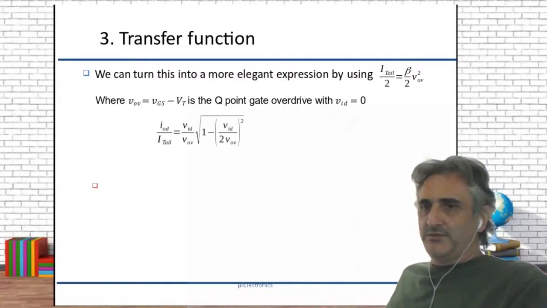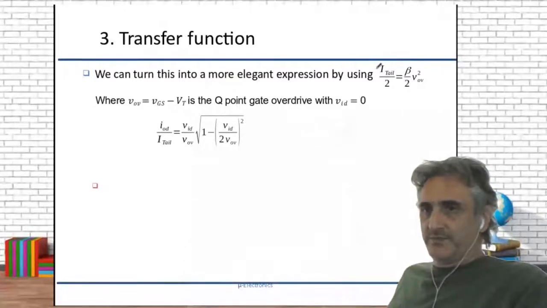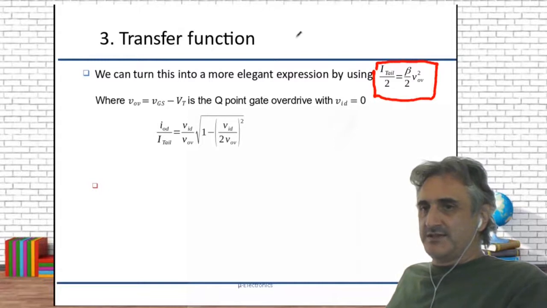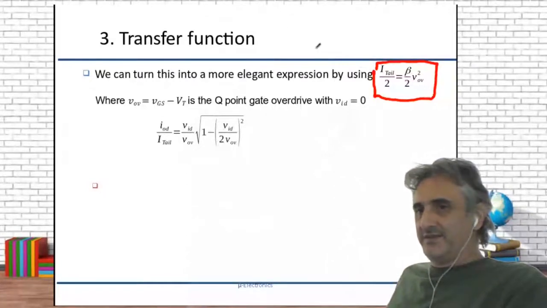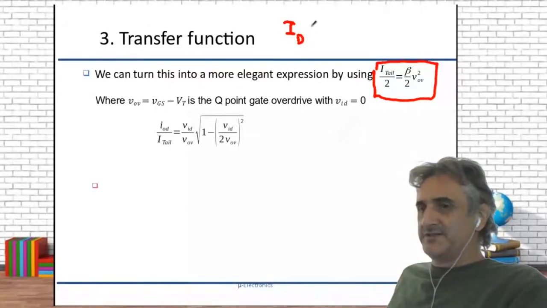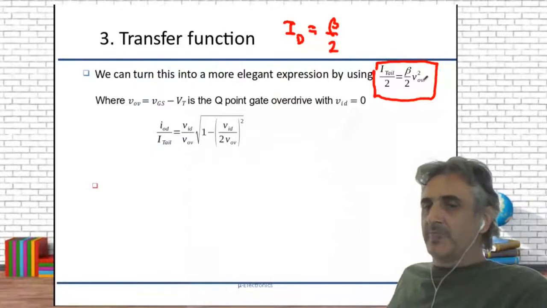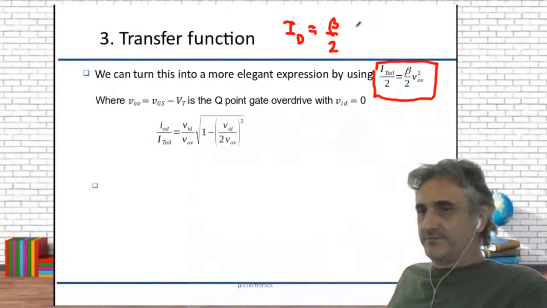Okay, but we define this expression. And this expression is just saying that at the quiescent point, one half of I tail is just the current through one of the transistors, which equals one half of beta multiplied by the overlap voltage squared.